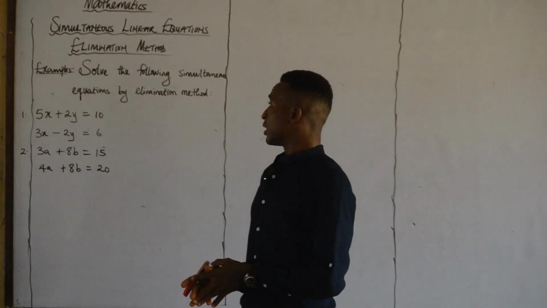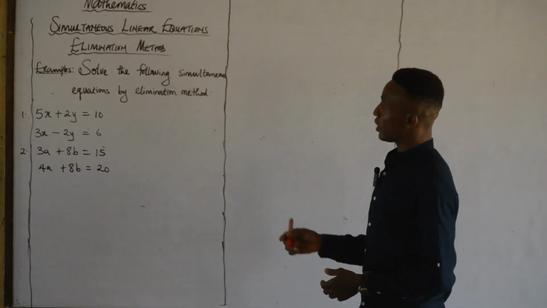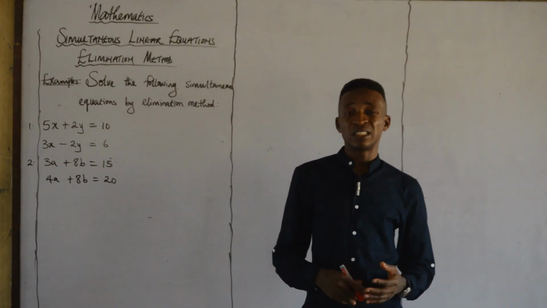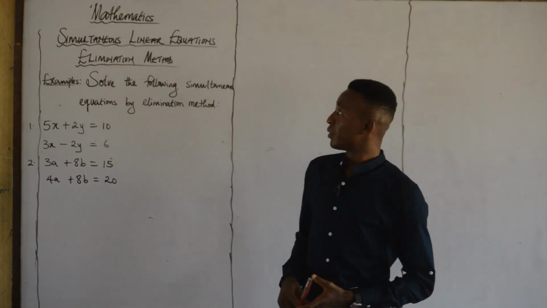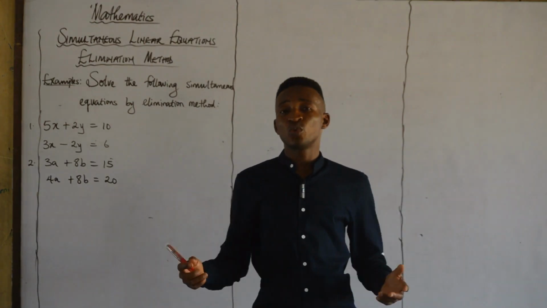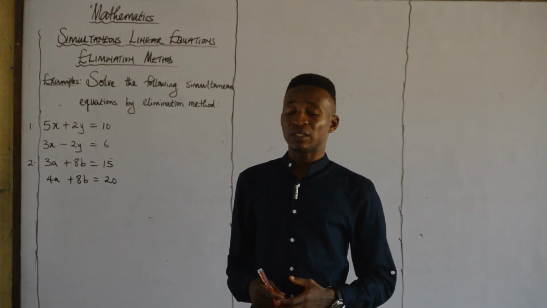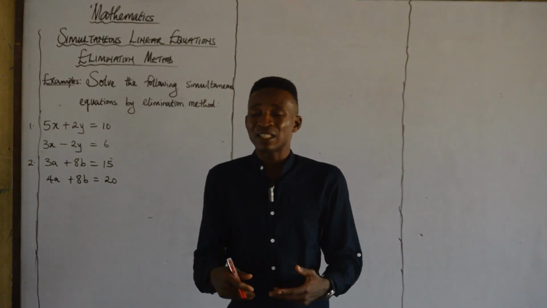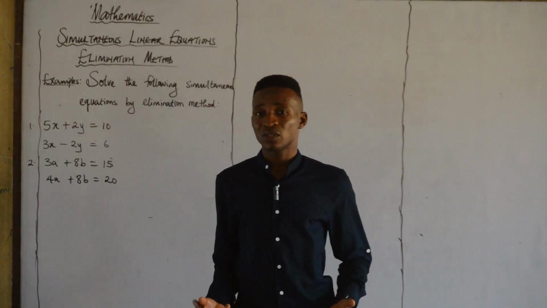For simultaneous linear equations here, I'm going to explain the concept of the topic itself, and after explaining what the topic means, we are going to take the examples. Now, simultaneous talks about doing two or more things at the same time. Take for example, I am standing and I am talking. Standing is an activity on its own, and talking is also an activity.